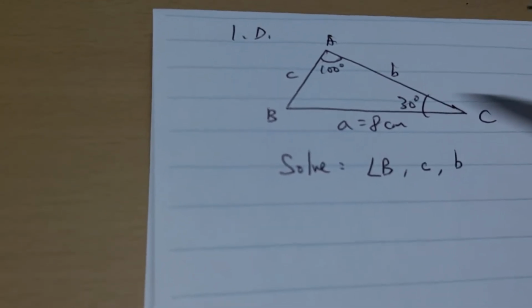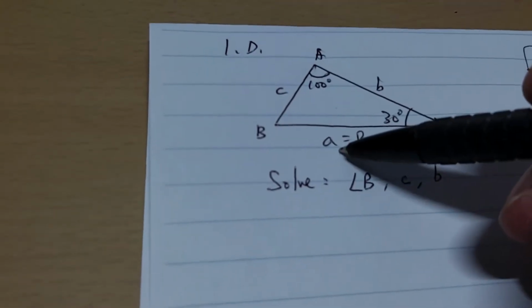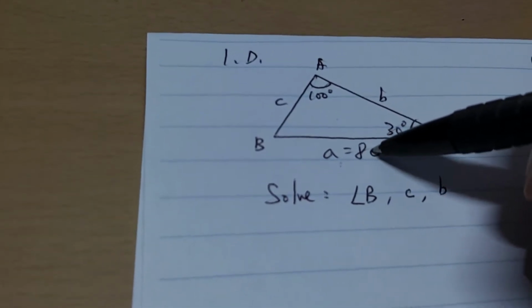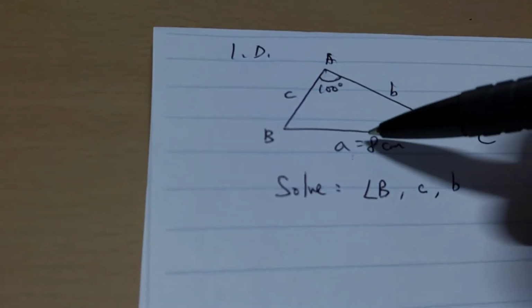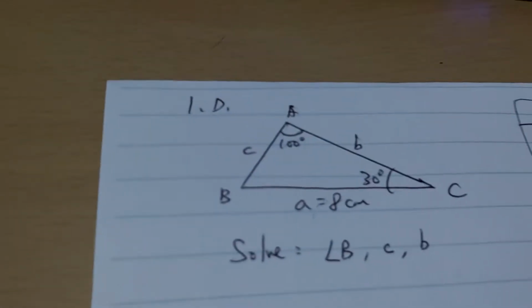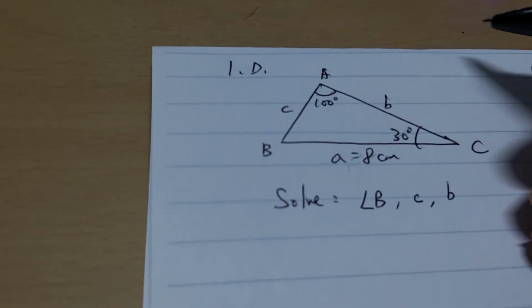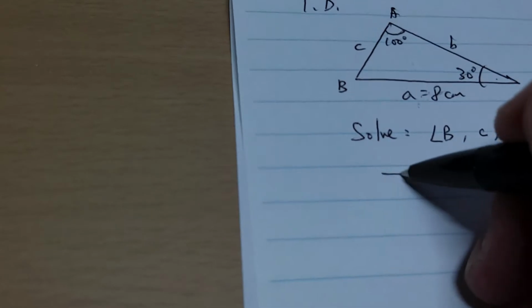So can we now solve the sides? Okay, we can solve a side. We can see that there are side a and angle A. They are one pair. If we have one side and the corresponding angle, we can use the sine formula. So we have a, angle A and angle C. In this case, we can solve side c.